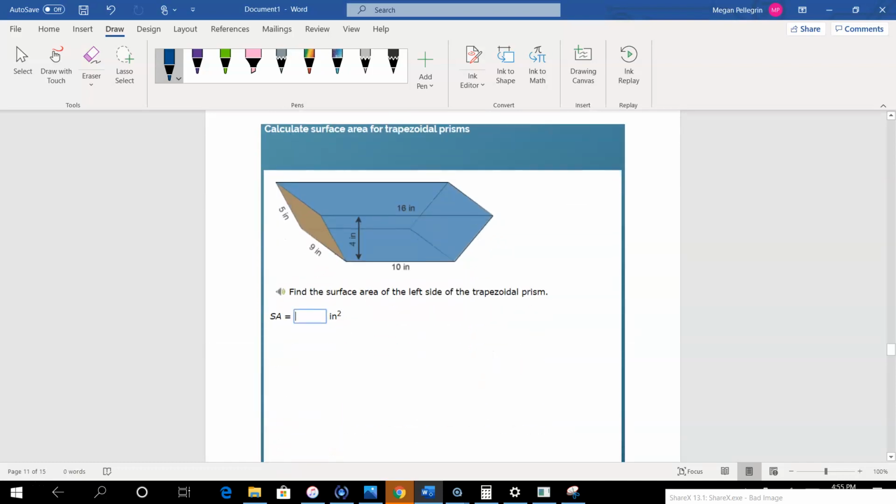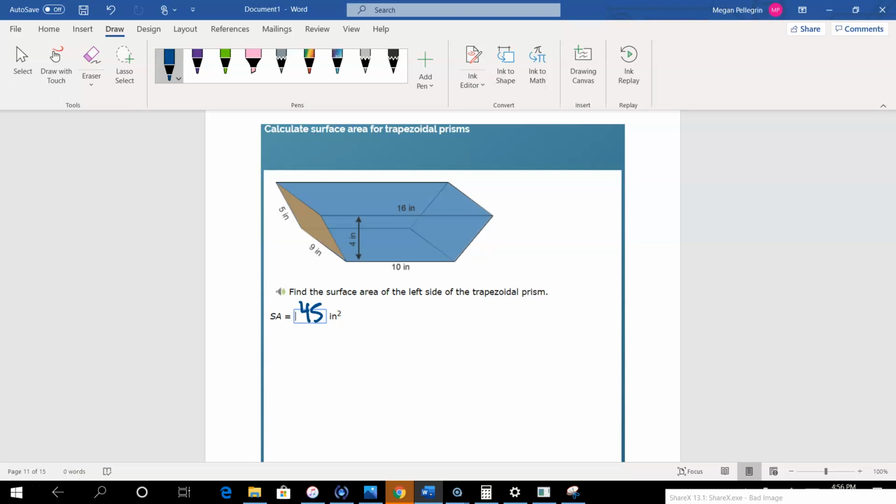Okay, so then they want us to look at the left side. So the left side is a 5 by 9 rectangle. And so we know to find the area of that rectangle, we would just do 5 times 9. 5 times 9 is 45 inches squared.